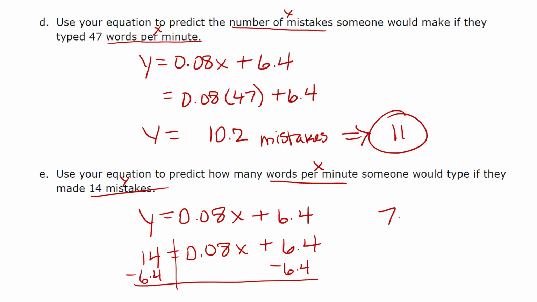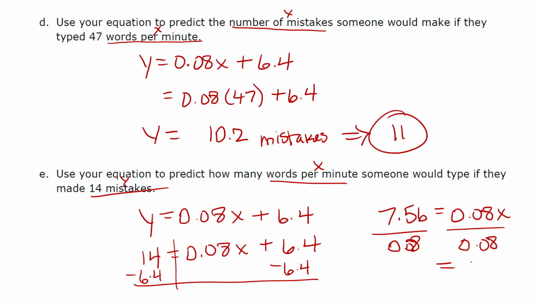And we should get 7.56 equals 0.08x. Then we'll divide both sides by 0.08. And so we get x equals 9.45 words per minute, which is roughly 10 words per minute.